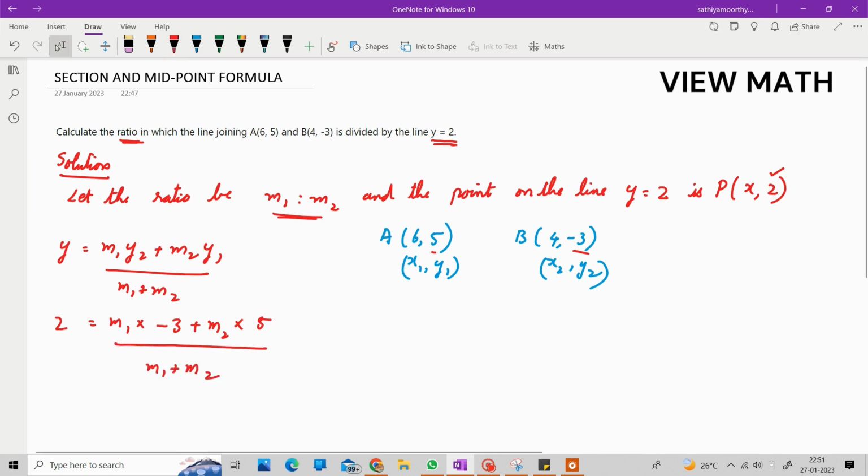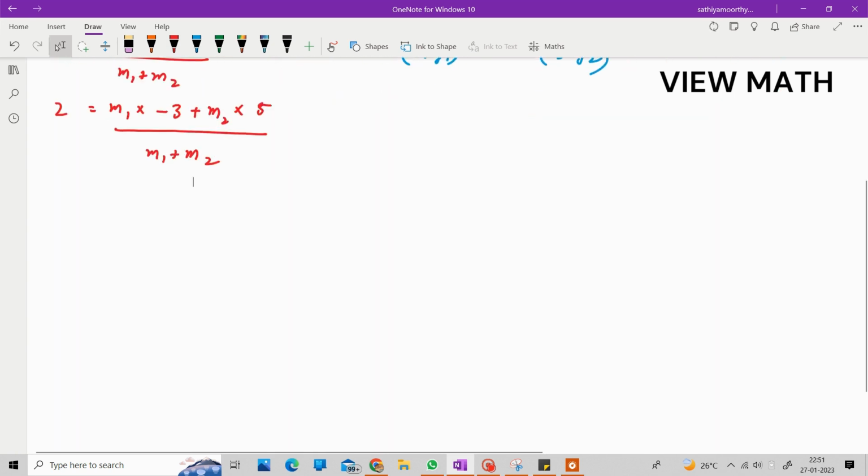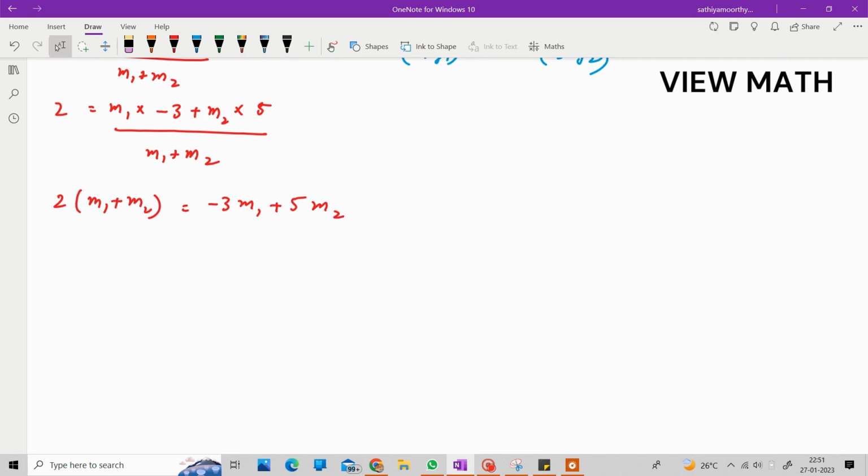Now let me cross multiply. 2 into (m1 plus m2) is equal to minus 3 m1 plus 5 m2. Let me multiply 2 inside the bracket: 2 m1 plus 2 m2 is equal to minus 3 m1 plus 5 m2. Now let me take m1 to one side.